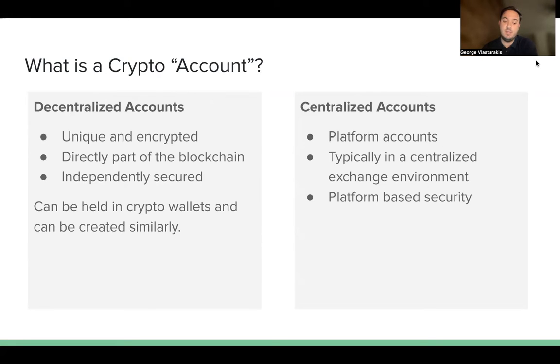And in most cases, these accounts can be held by investors in their crypto wallets, which can also be used to create new accounts for different blockchains that a user would like to have an account on. And these can usually be done from a single wallet, and we'll look into wallets very soon.